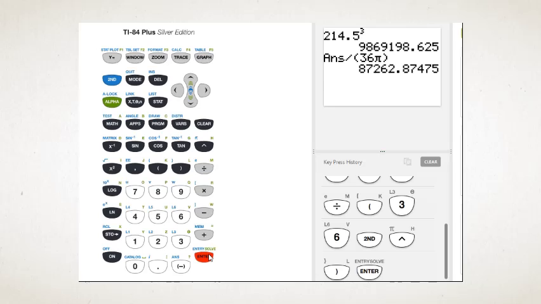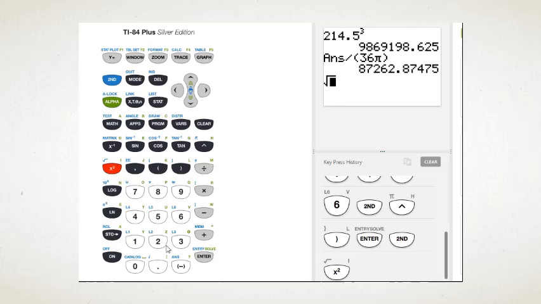And now we're going to take the square root of that. So this number here, 87,262.87475, is equal to V squared, the volume squared. To solve for V, the volume, I'm going to take the square root of this, hitting second at the x squared, which loads in the square root. Now I want to get that number in there, but I don't want to type it.